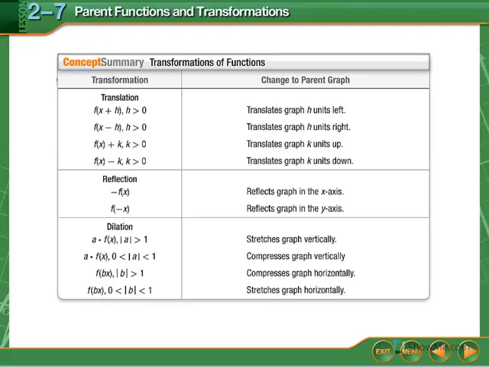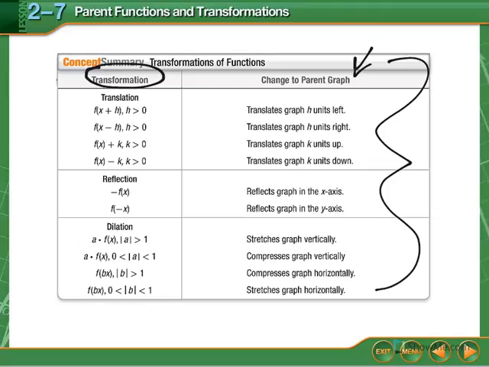All right, so we have our different transformations, meaning we're changing our basic parent function graph. And this is what happens to the parent graph. It's really important that you write every single piece of this down. Now, if you have something on the inside with your x, you're either adding some sort of number or you're subtracting.